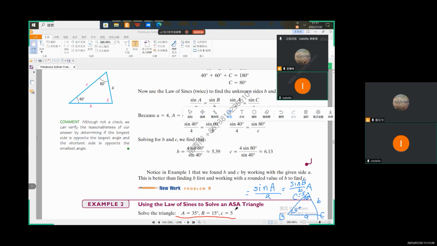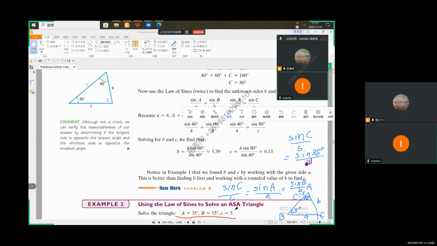So it's like sine C over 5 equals sine 35 degrees over A. Let me just try working with this.